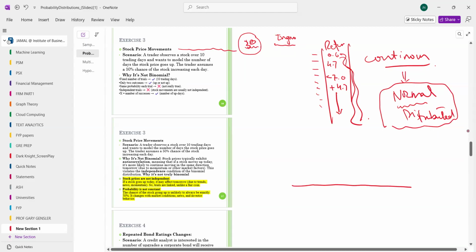When we say that it's symmetrical, it's symmetrical around something. So in a normal distribution, the returns are symmetrical around the mean.